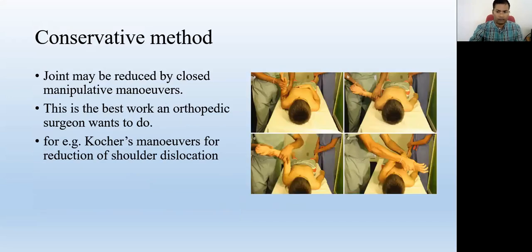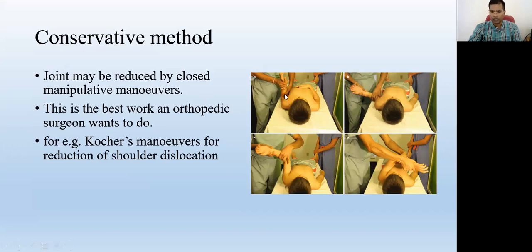So there are some conservative methods. This is Kocher's maneuver, for the anterior dislocation of the shoulder joint. You first take the patient in supine position, give anesthesia and a little sedation. Then these are the steps.